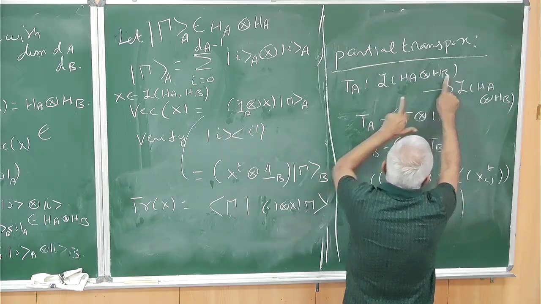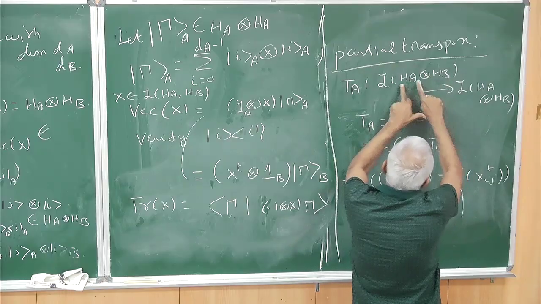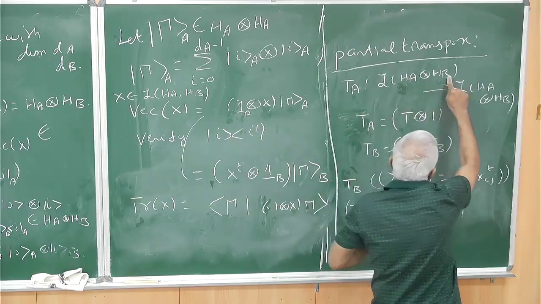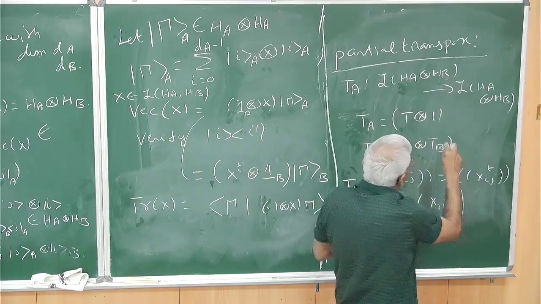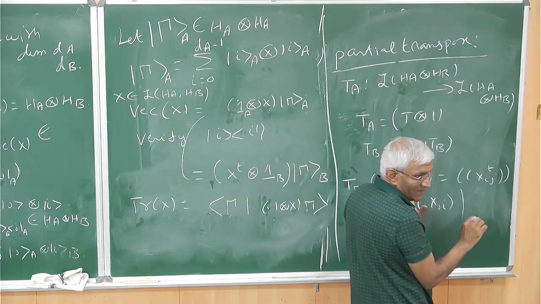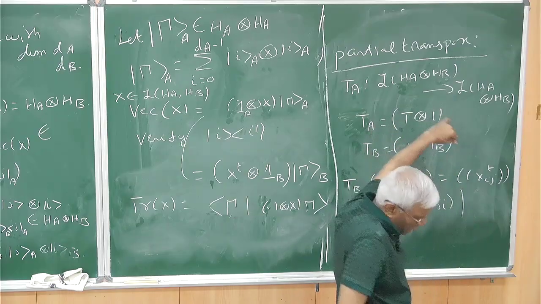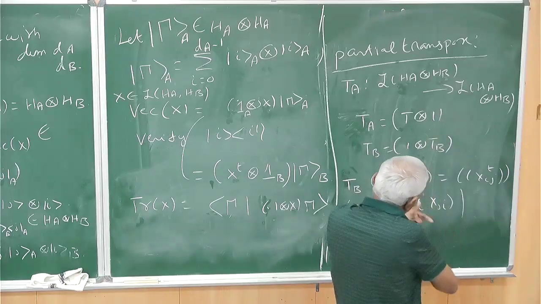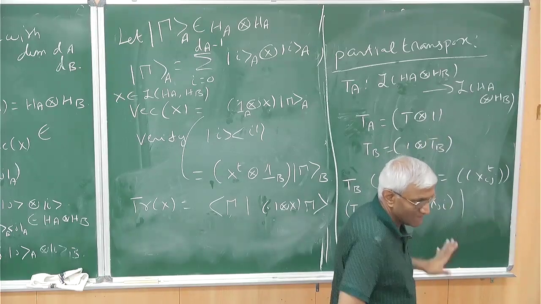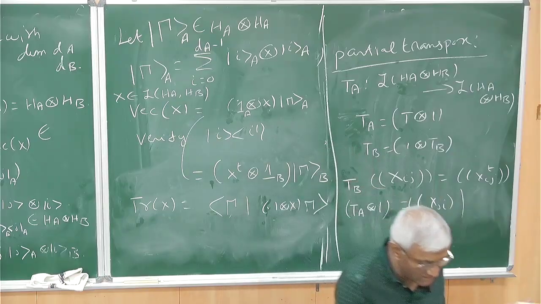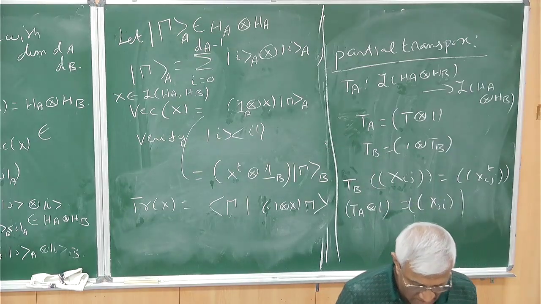But if you want to consider this representation, you are keeping it somewhere like this. You understand what I'm saying? You will understand when you write it as a matrix unit. That matrix gets transposed here. Okay. So this is about the partial transpose.